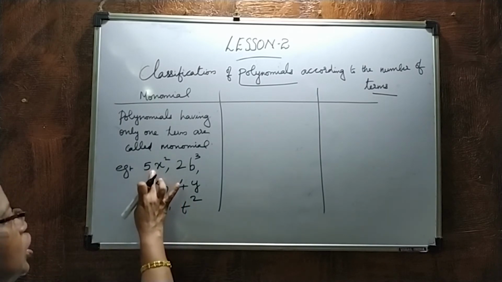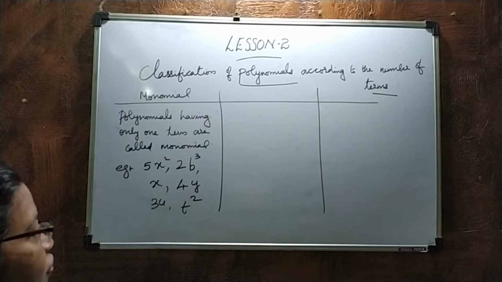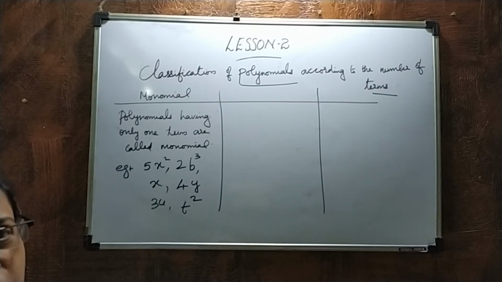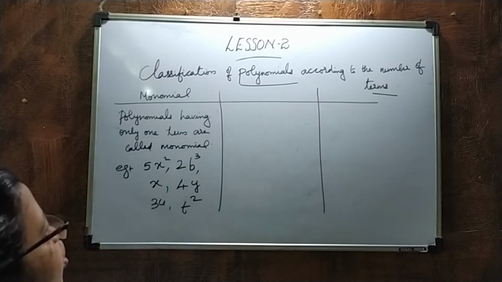Here it is 5 into x square. If there is no plus or minus, there is no need to worry about the number of terms. Only a single term is there. So monomial completed.